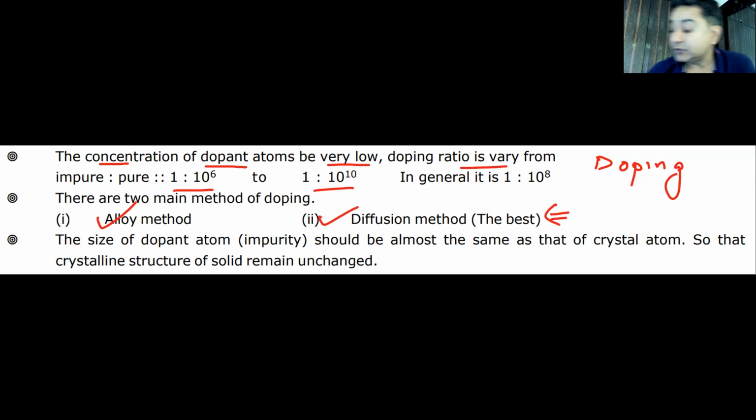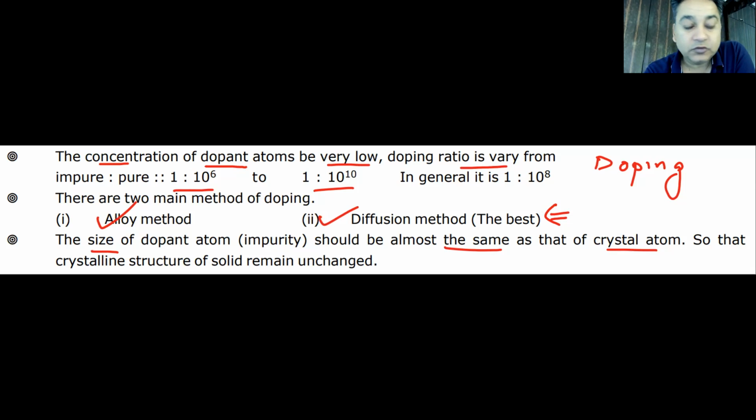Yes, sir. The size of the dopant should be the same as that of the crystal. Otherwise, the structure will become distorted. We need to maintain the crystalline structure of the pure silicon or pure germanium. So if I put something which is of a different size, the structure will become distorted. Yes or no?